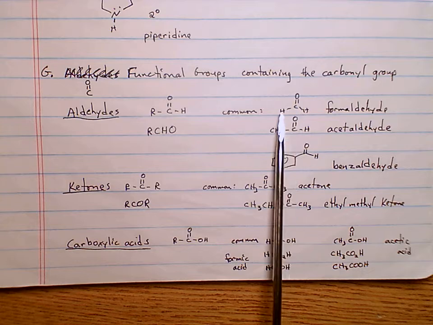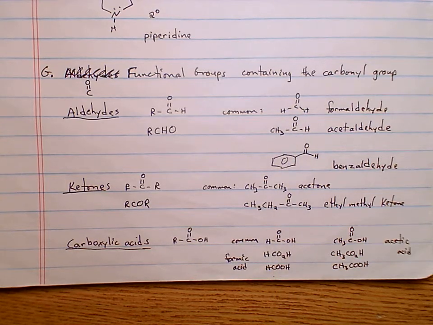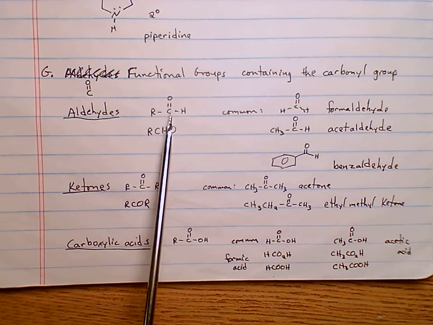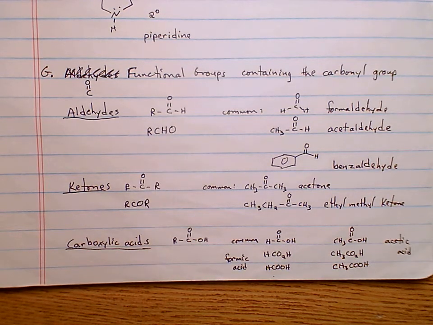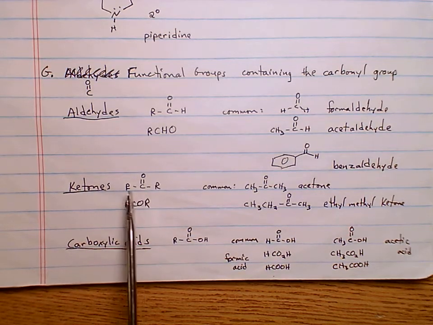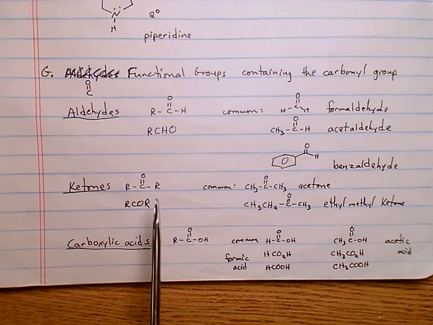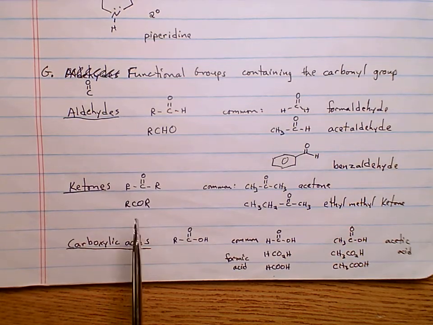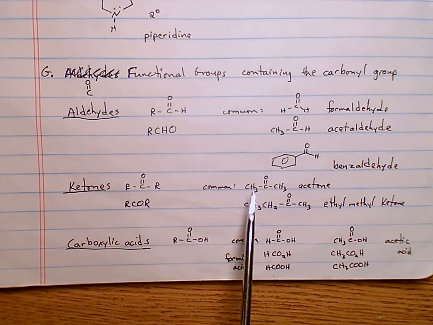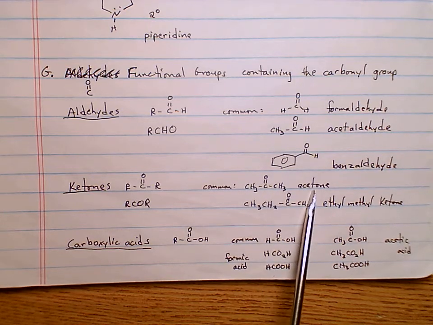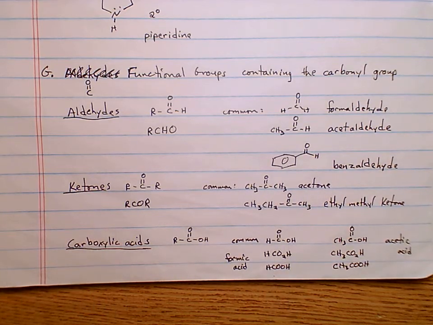Here are examples: formaldehyde, acetaldehyde, benzaldehyde, our favorite aldehyde right there. An aldehyde is a carbonyl carbon bonded to at least 1 hydrogen. Ketone: the carbonyl carbon is bonded to 2 normal sp3 hybridized carbons, RCOR. For example, CH3, C double bond O, CH3, acetone, is a ketone.